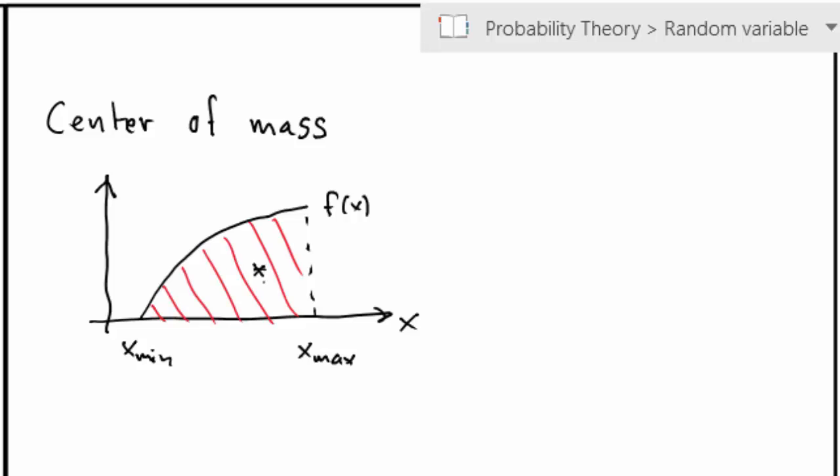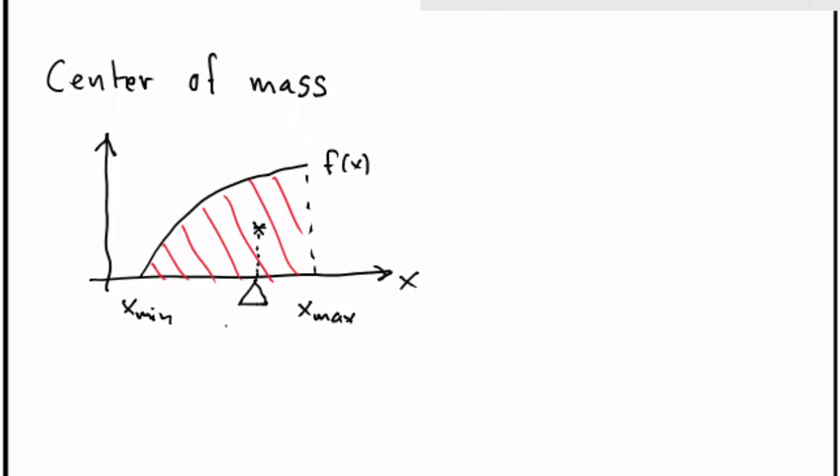So let's say that the center of mass is here. If that's the center of mass, then just by going down to the x-axis, we can find the expected value. So you can think about it as this particular object being balanced right at this point.